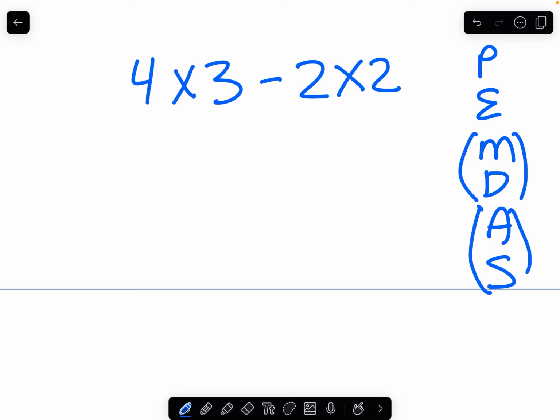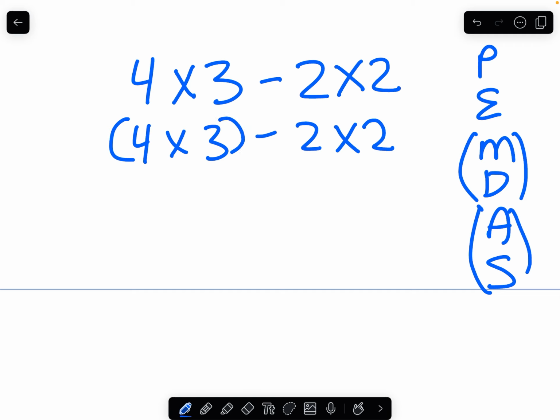And one thing that I strongly encourage all my students to do is to rewrite the problem and put parentheses around the operation that they're going to do first. And then keep rewriting it. I'm telling you, this is the best way to avoid errors. I have seen so many people get equations wrong because they're rushing through and they don't write every step out. So I'm going to encourage you to do that too.